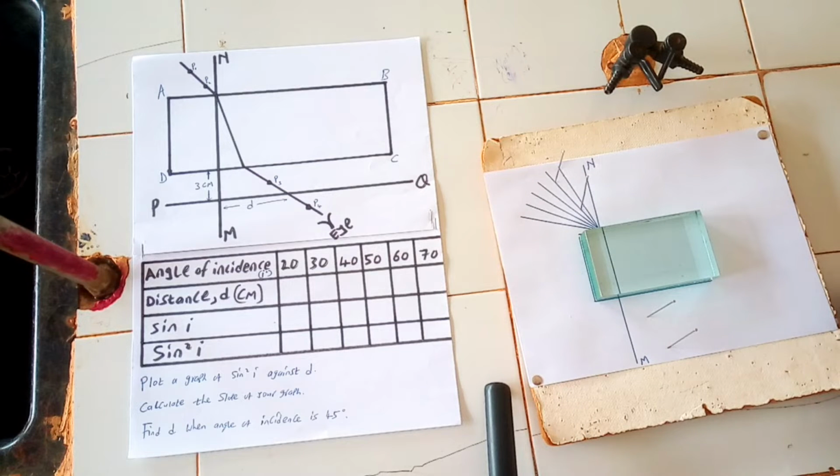So let me search now for the angle 30. For the angle 30, there we have the angle 30. I search for the other two pins.